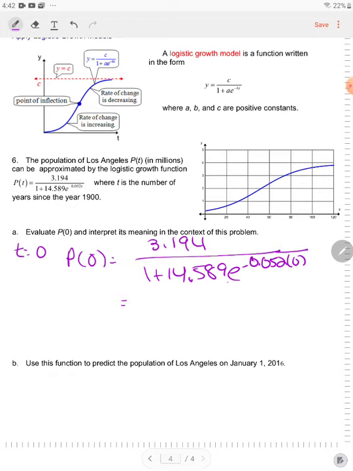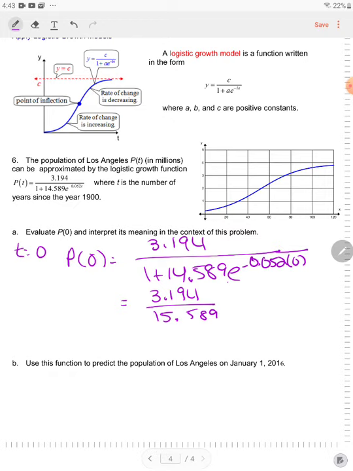So if I do just the denominator mathematically, so I don't miss it, I usually do the numerator and denominator. If I do second E, the negative 0.052 times 0, I'm getting 15.589.